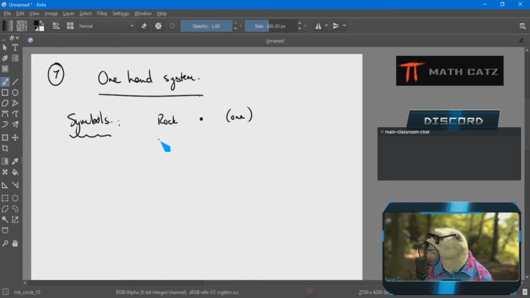Then if they want to represent 2 things maybe, they'll just draw 2 rocks. 3 things, whatever that may be, 3 days, 3 people, whatever. 3 little rocks, whether you draw it or arrange it or whatever. And 4 in our language will be represented with 4 little rocks.